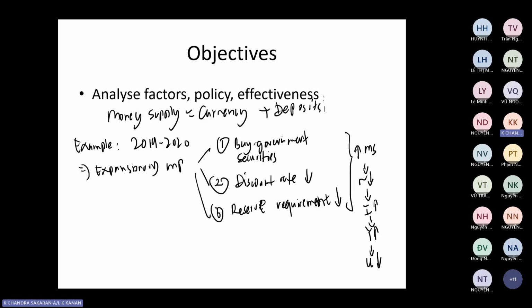Do you understand or not? If you choose Vietnam, you find out what the central bank in Vietnam has done during this period of time. Different time periods, different kinds of policy will be used because the economic conditions keep on changing. So you provide the details: what they have done, how many percent.